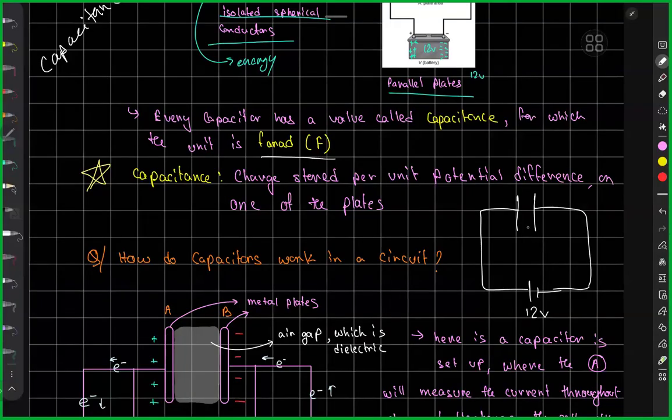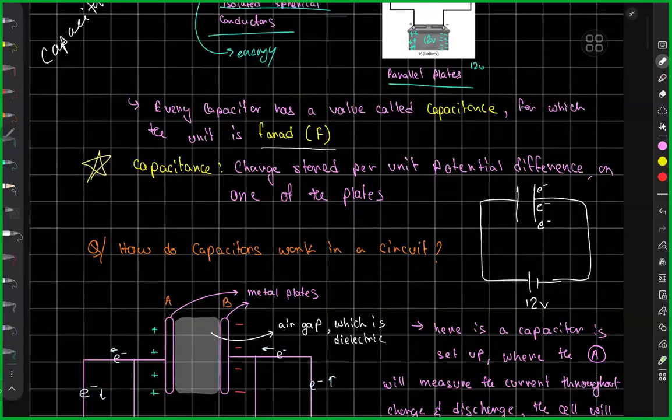And that's when the capacitor stops getting charged. What does it mean to get charged? That the accumulation of electrons stops increasing on this plate, or the accumulation of negative charge stops increasing on this plate, and the accumulation of positive charge stops increasing on this plate. That is what it means to stop getting charged. Got it?